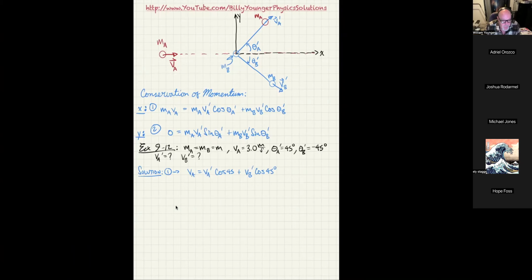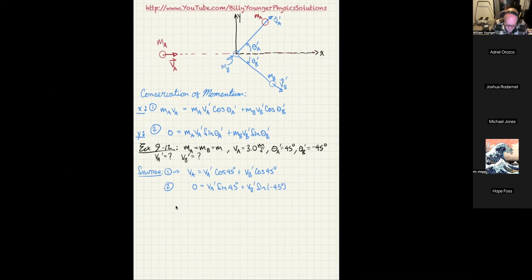And now I can also plug into equation 2. This one's going to give us 0 is equal to VA prime sine 45 degrees plus VB prime sine negative 45 degrees.